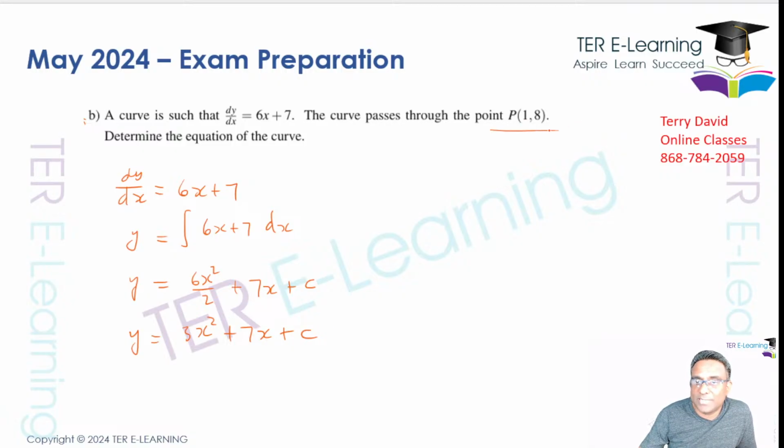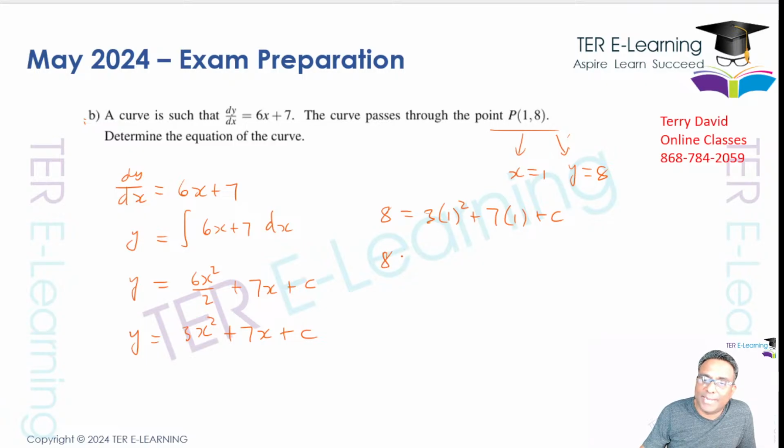To figure out the c, we're going to use this point here. This point, which is on the curve, has an x value of 1 and a y value of 8. So we just substitute into that equation to figure out what c is. So 8 is equal to 3 by 1 squared plus 7 by 1 plus c.